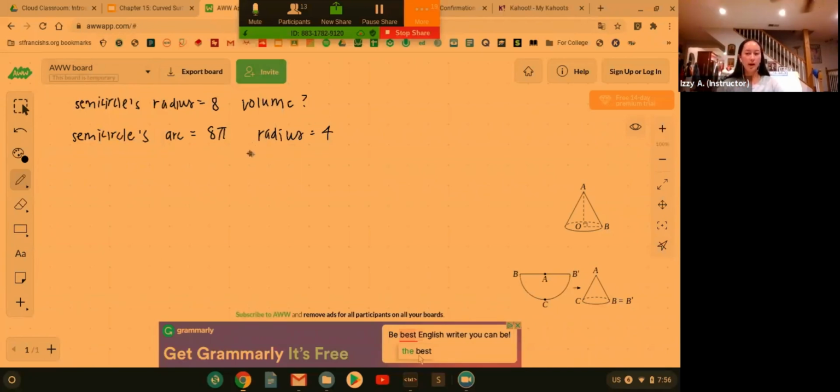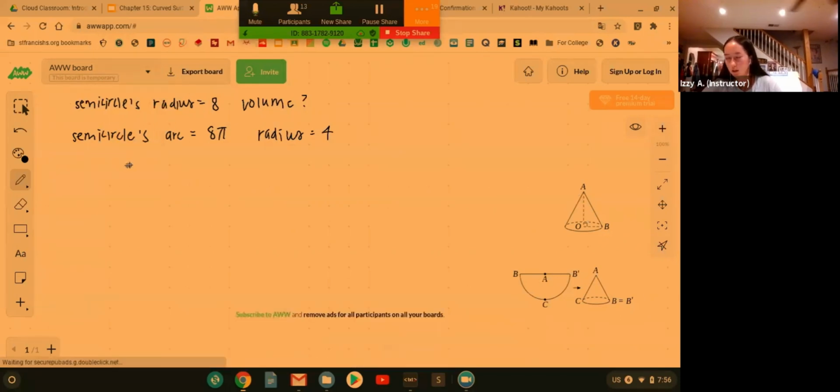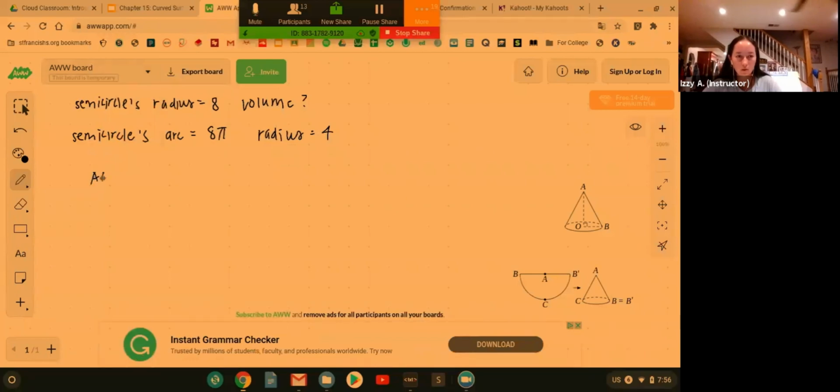So now that we have found the radius, we can find the height by using the right triangle AOB in the cone. So then we would get the formula for AO. I think you guys know the process with the Pythagorean Theorem: plugging in numbers, isolating AO, square root.